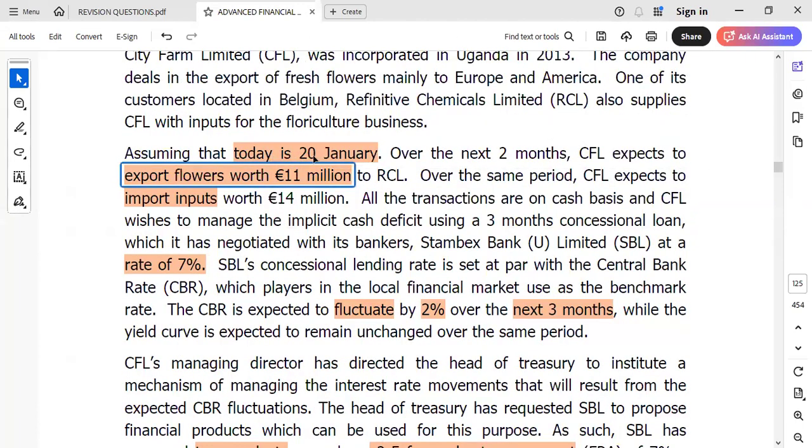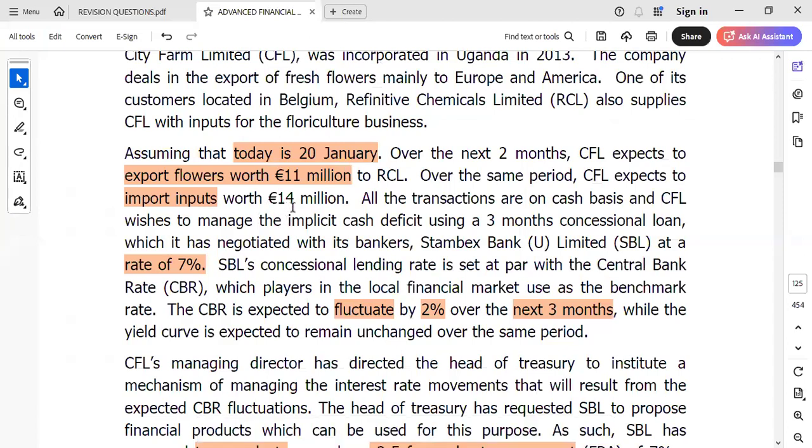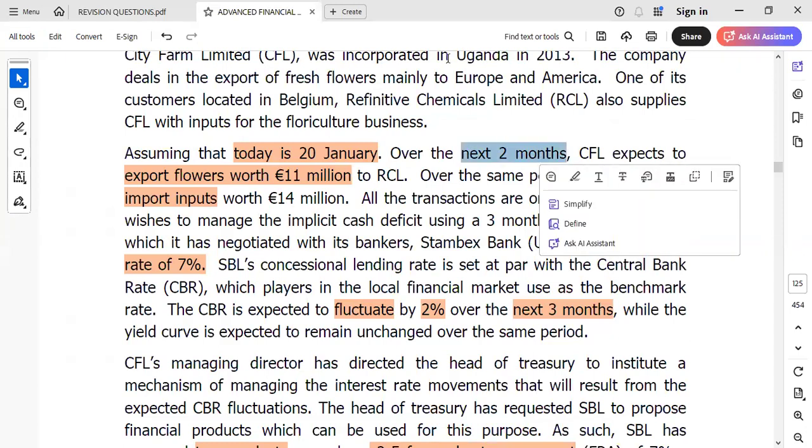Now today is the 20th January. And you expect the transaction is going to happen when? When are you making the payment, or when is this transaction happening? Over the next 2 months.